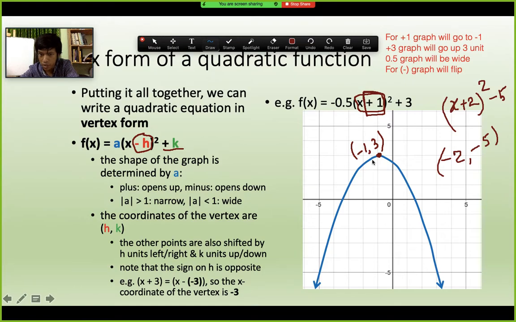You will say okay, -1, then 3. So this is the vertex. This form is called the vertex form because from this form we can easily find h and k, or the vertex. (h, k) is called the vertex.